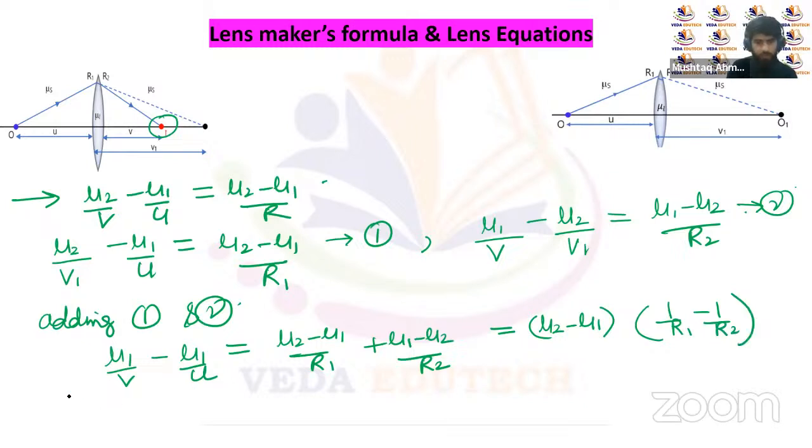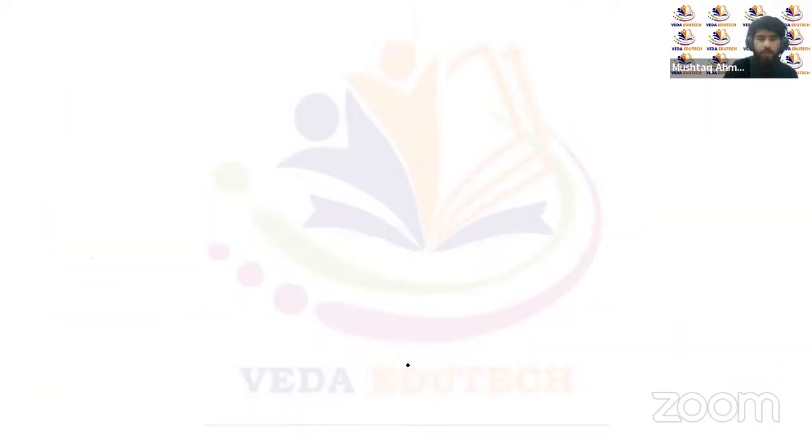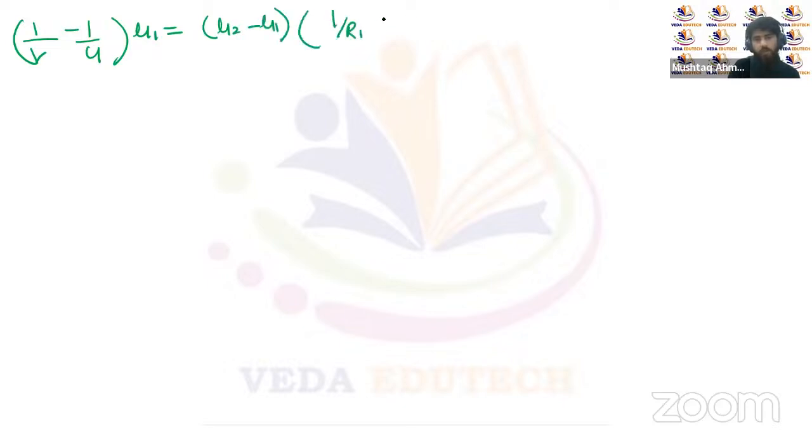So from here, we'll be left with the final equation: 1 upon V minus 1 upon U, with mu1 taken as common, and we'll have mu2 minus mu1 as common once again, times 1 upon R1 minus 1 upon R2. The final equation is 1 upon V minus 1 upon U multiplied by mu1 equal to mu2 minus mu1 multiplied by 1 upon R1 minus 1 upon R2.